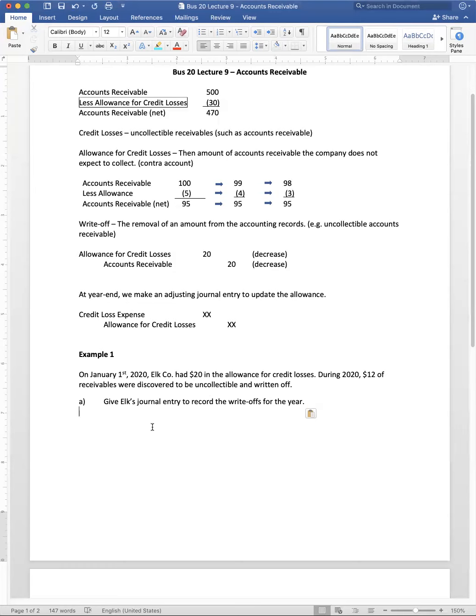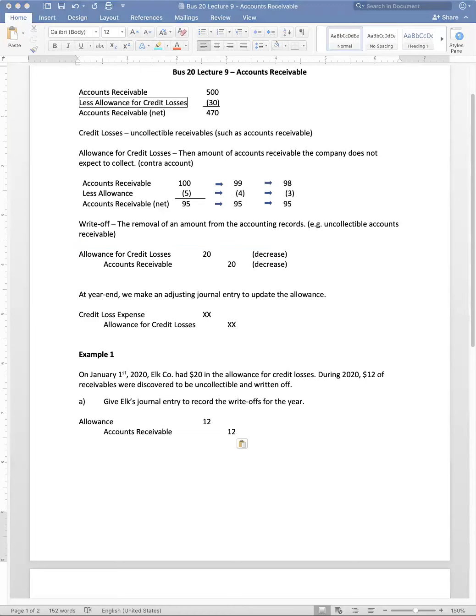So we're going to give Elk's journal entry to record those write-offs for the year. The write-offs are going to decrease both the allowance and the accounts receivable. So we're going to debit or decrease the allowance for the $12 of write-offs, the $12 given in the question. And then we're going to decrease the receivables as well.